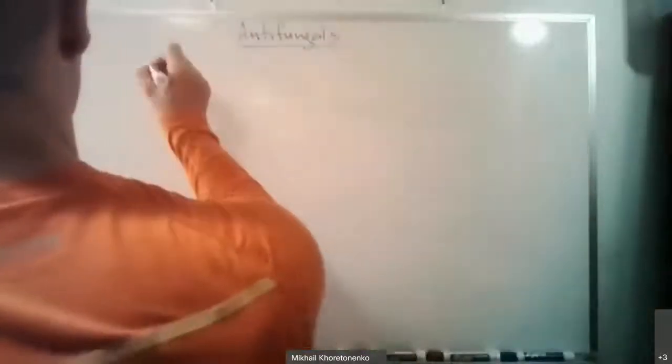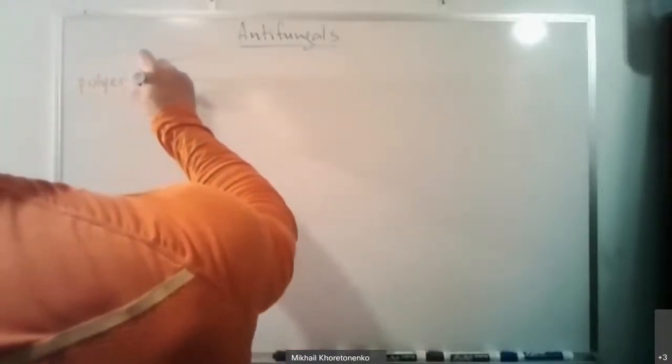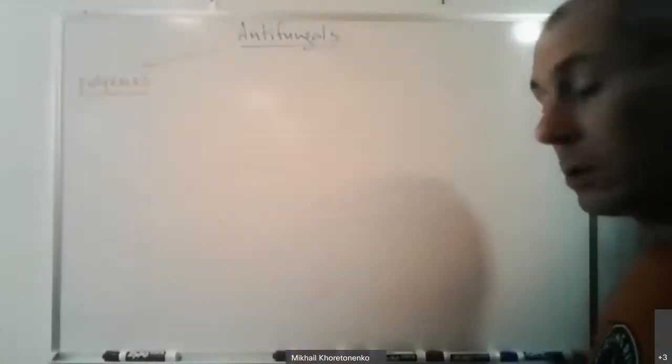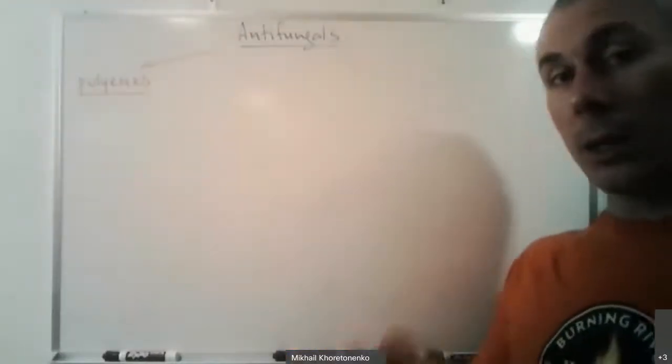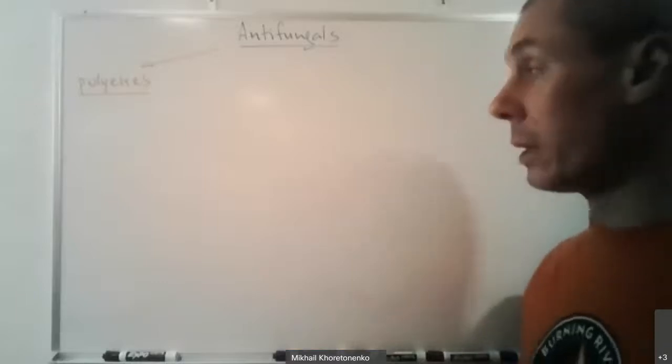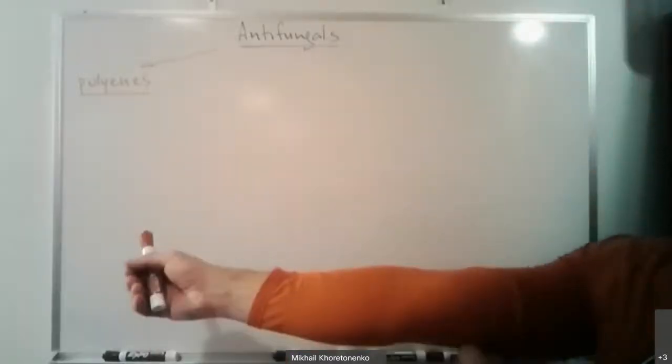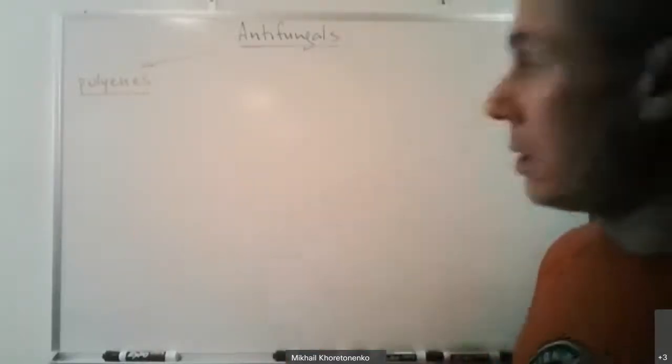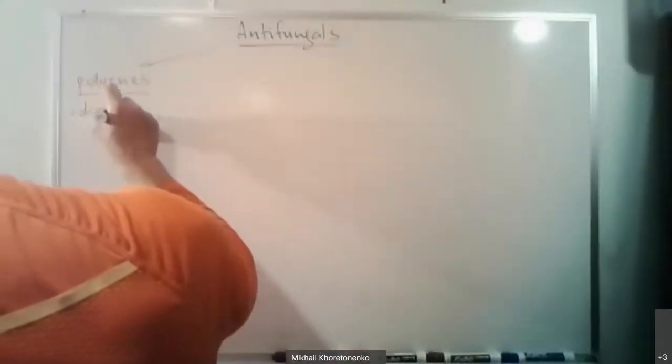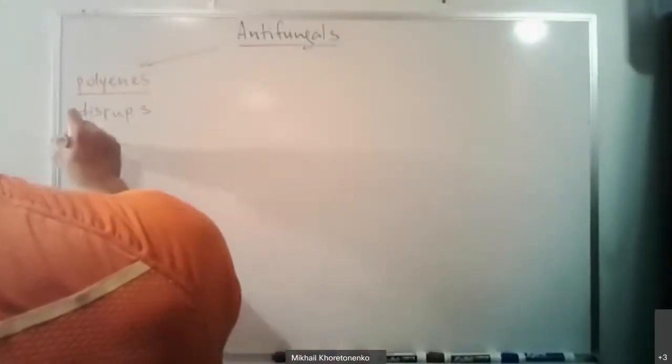The first group of antifungals is polyene drugs. And again, you need to know only the classes, not any specific brand names or drug names. So polyenes, which include nystatin and amphotericin B, disrupt cell membranes.